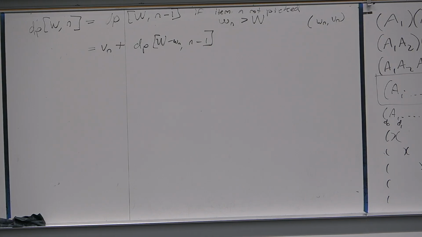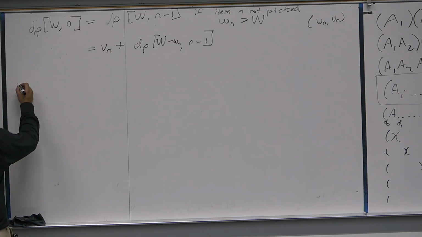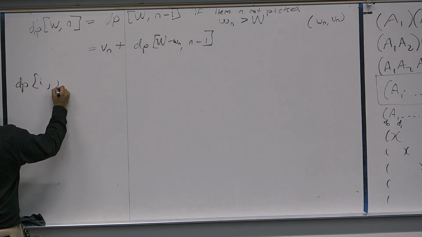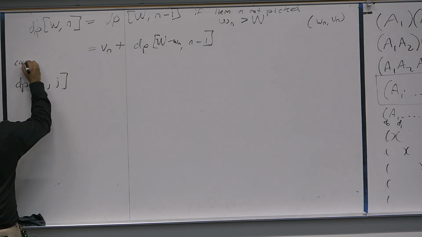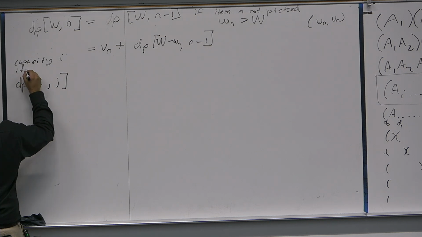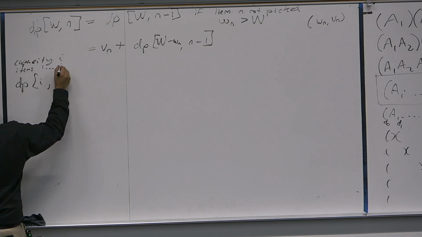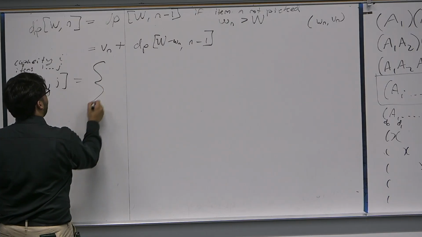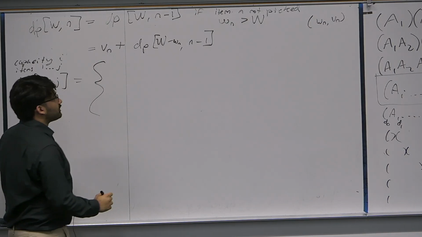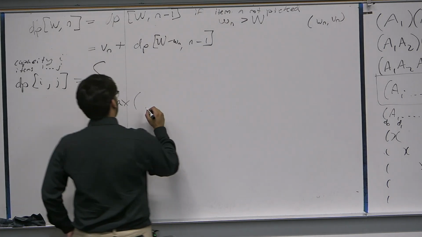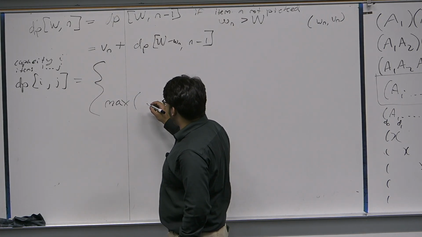Let's rewrite it, but any questions on it? Let's make it more clear. Let dp of i, j be up to capacity i and items 1 to j, okay? So we know two things are going to happen, right? We're going to just take the max of these two in the first case. Is it cheaper to steal the nth item or not?